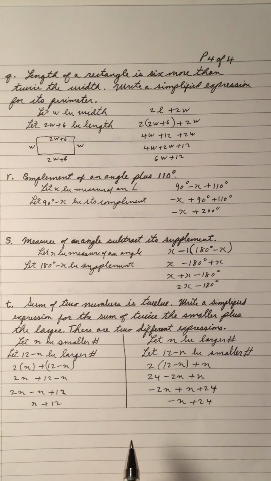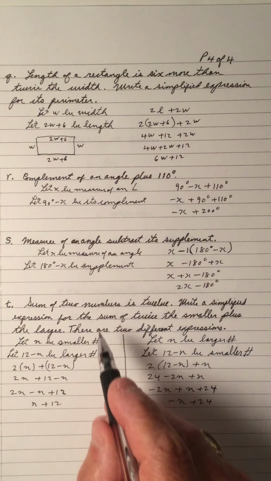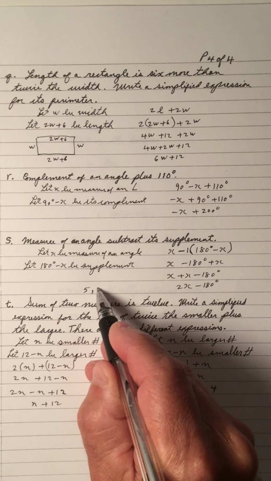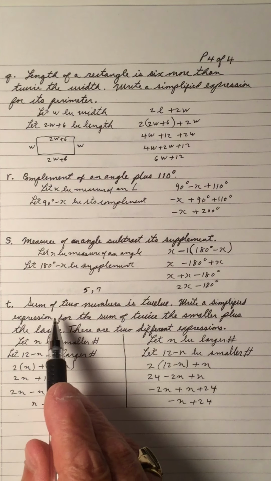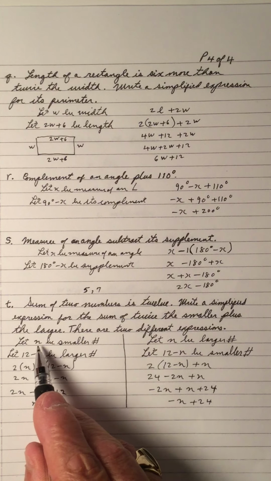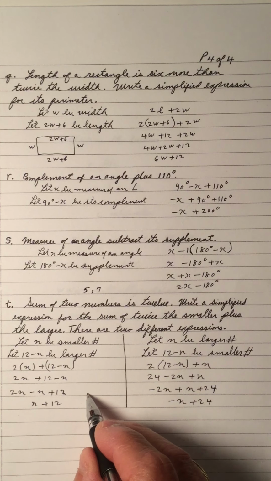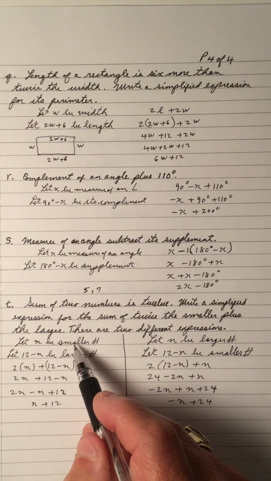What about if you picked two numbers? Let's pick two numbers and put them in here. Let's say we picked a 5 and a 7. 5 and 7 add up to 12. So in this case, n was the smaller number. What I'm talking about as an example, n is 5, because n is the smallest number.